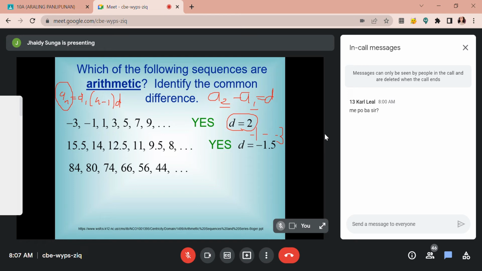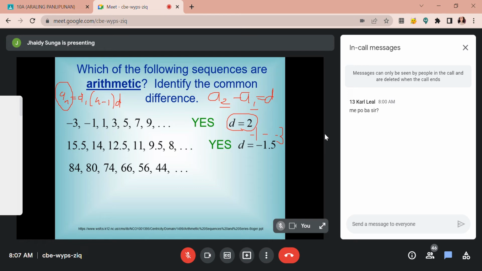Again, for the third given, what would be the common difference, and tell me whether it is arithmetic or not. It's not arithmetic po. Okay, why? The sequence doesn't have any common difference po.